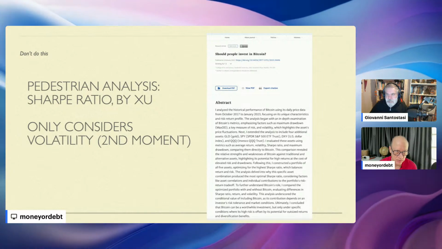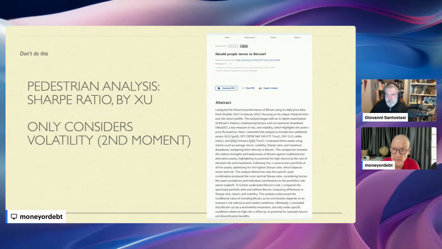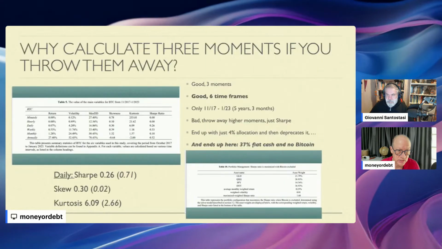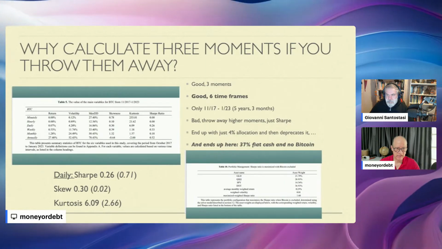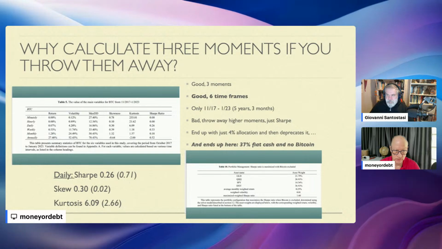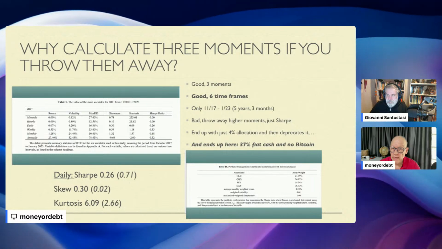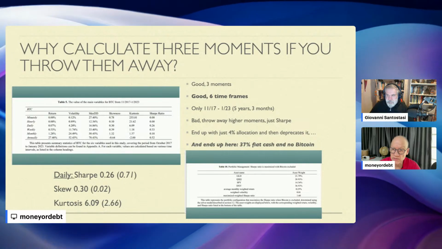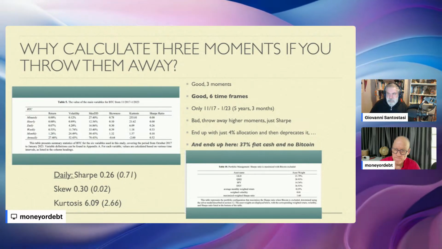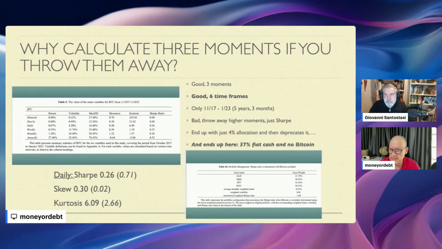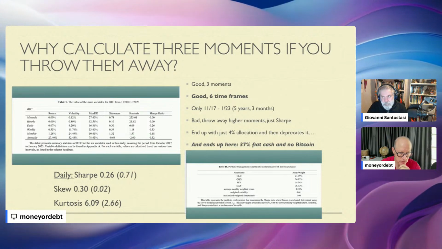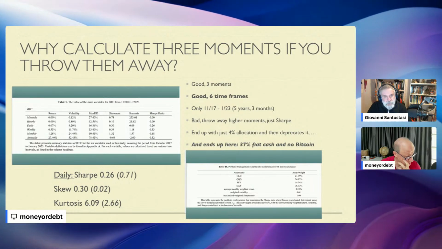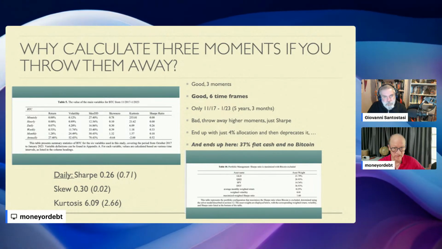So I don't know if these people know each other or what, but they were using the same data set and looking at the same kind of high-level ETF assets. Now, what was interesting about this one is that he looked at all the different time frames. So he looked at annual, monthly, weekly, daily, hourly, all the way down to minutely. I think that's one of the reasons why they're using the same data set, because they had the availability of very fine-grained data.